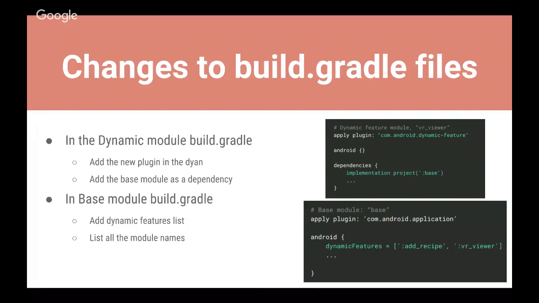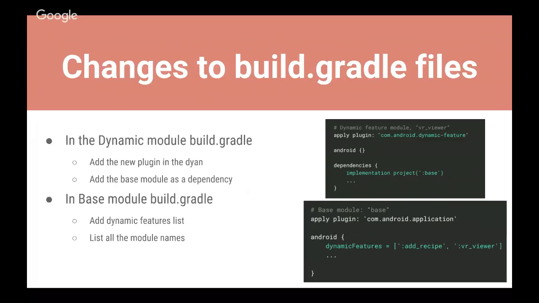Now, in your Gradle files, you have to go to the dynamic module's Gradle file. You have to add a plugin, which I've highlighted in green here, and then add the dependency. Under the dependencies, add a dependency for your base module, because the base module contains all the common libraries and things like that. A base module is always required, so add the dependency for that.